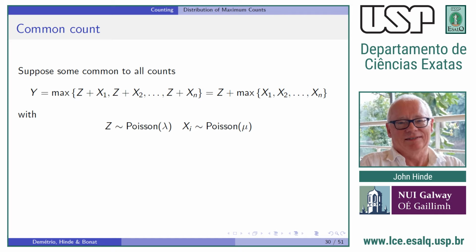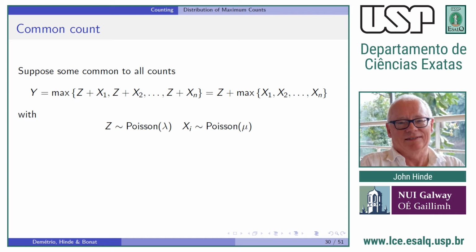It would say that you're counting things, so every time you count the easy ones and some hard ones. So every count is all the easy things plus some hard ones that vary. When you take the maximum, well, the maximum of the easy ones is always just the easy ones. And so what you then get is the maximum of the hard ones.